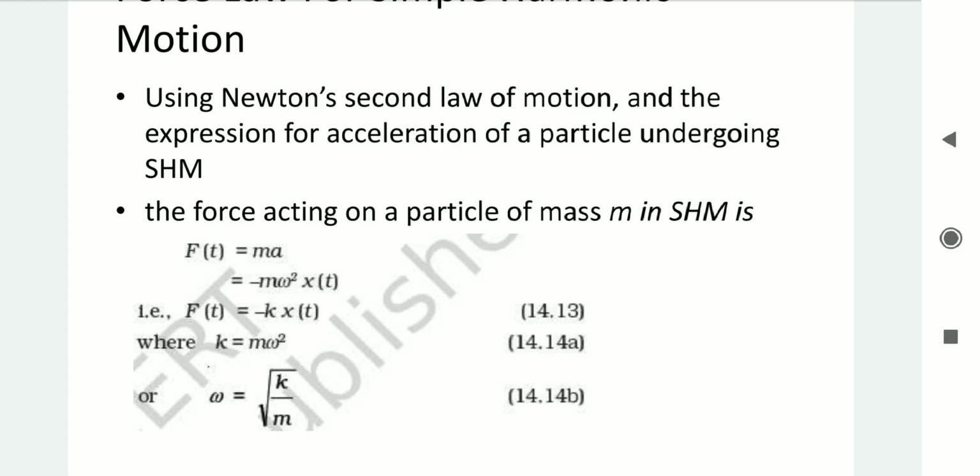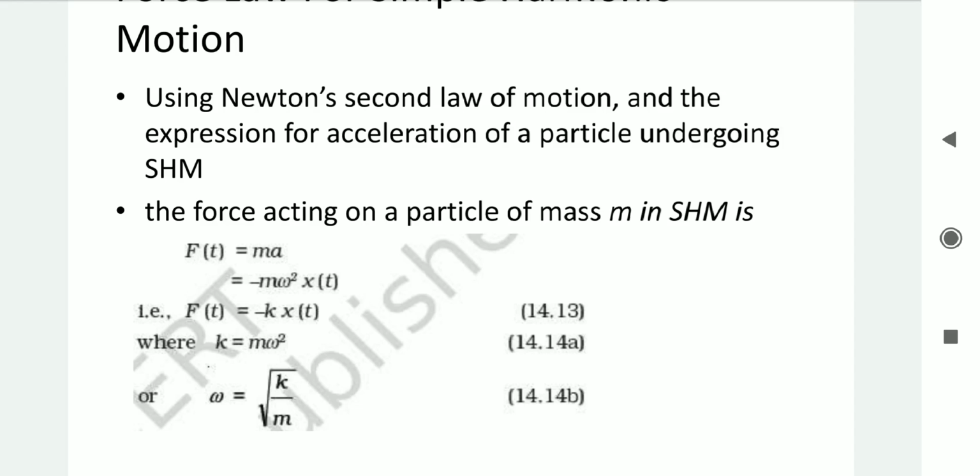This restoring force developed on the object provides the simple harmonic motion.